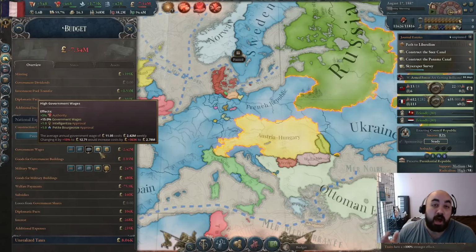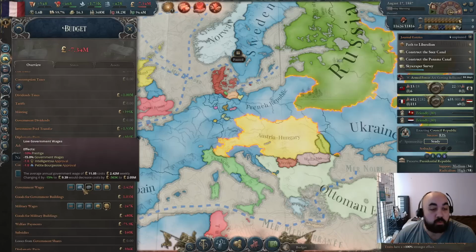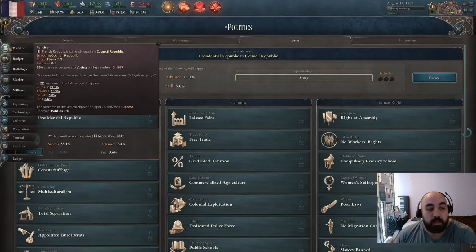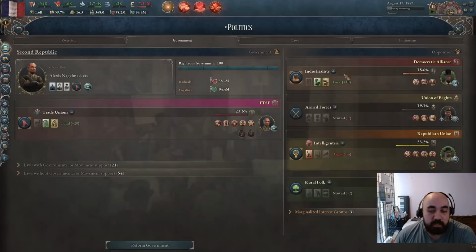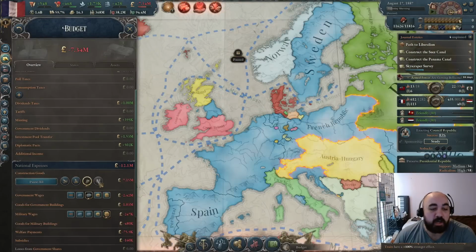I probably underutilize this as a means of interaction, to be honest. I think it is possible that you do want to run lower government wages, as long as your approval rating can bear this sort of thing. And if you want to play a little more sweaty or a little more precise, closely monitoring the approval rate of these parties and nudging stuff in the direction in order to generate what you want is probably a good idea.